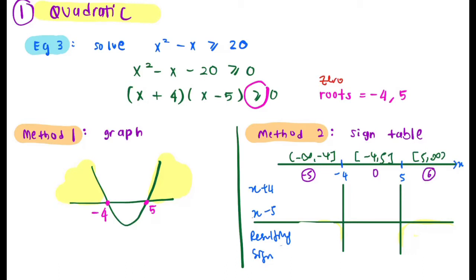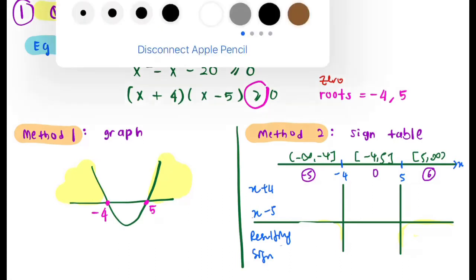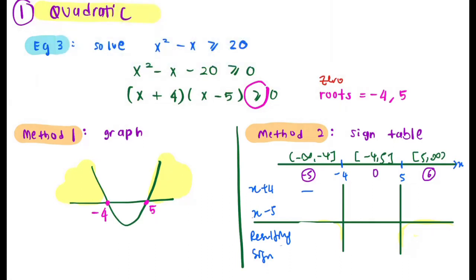So let's check for this factor here. When x is minus 5, this will give you a negative sign. When x is 0, this will give you a positive sign. And when x is 6, this will give you a positive sign.